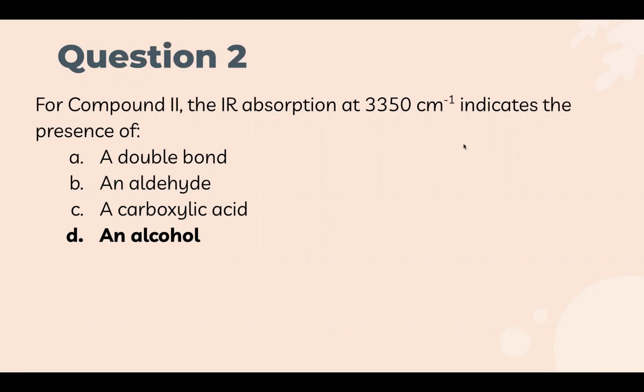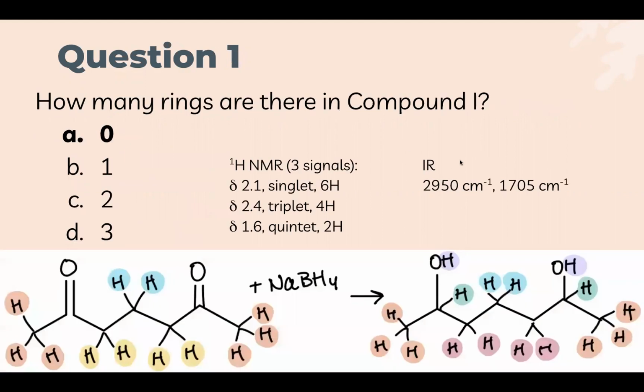So it doesn't add an oxygen. Does that make sense? I can show you here. So when we add NaBH4, we get these alcohol groups. We're not getting a carboxylic acid. Yeah, it's based on the previous question.